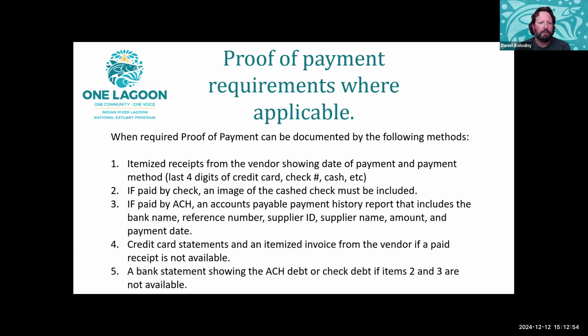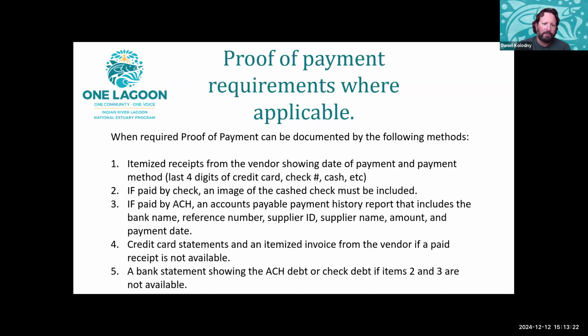If it's done by ACH, then you need an accounts payable history report that shows the bank name, reference number, supplier ID, supplier name, the amount, and the payment date. If you paid with a credit card and you don't have that actual physical receipt and itemized invoice from the vendor, you could use that credit card statement to make up for that.